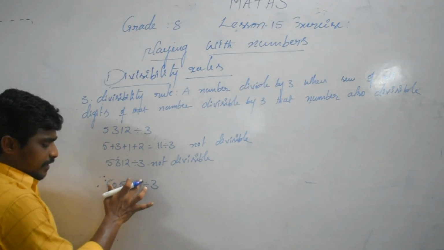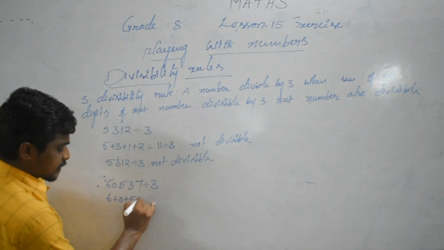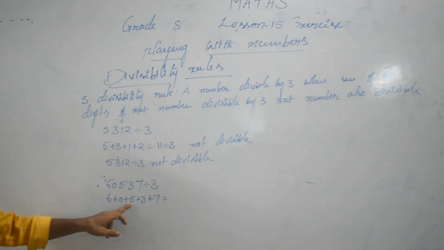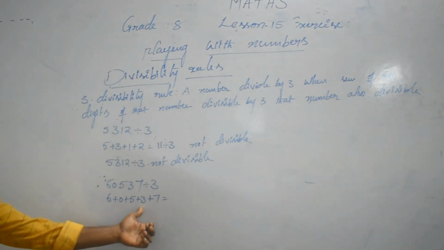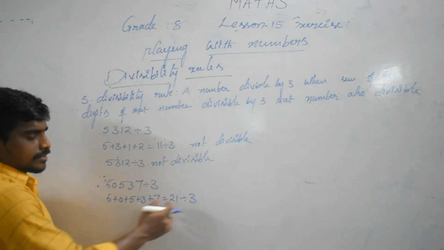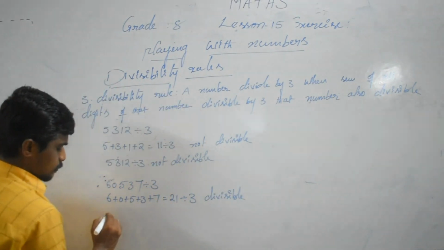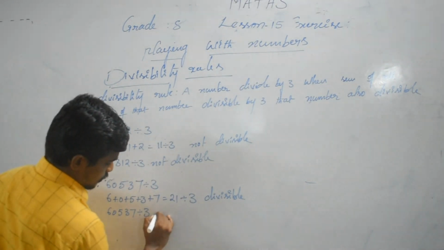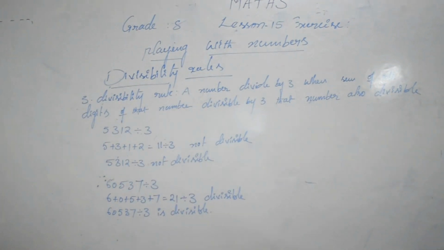The sum of all the digits: 6 plus 0 is 6, plus 5 is 11, plus 3 is 14, plus 7 is 21. 21 divided by 3 is divisible. So 60,537 divided by 3 is divisible.